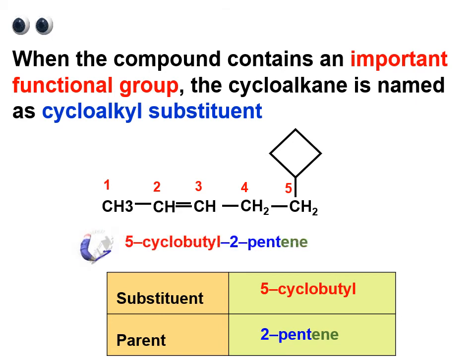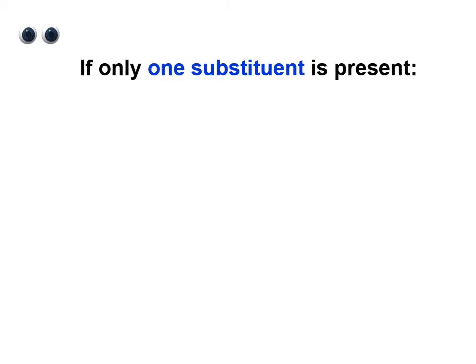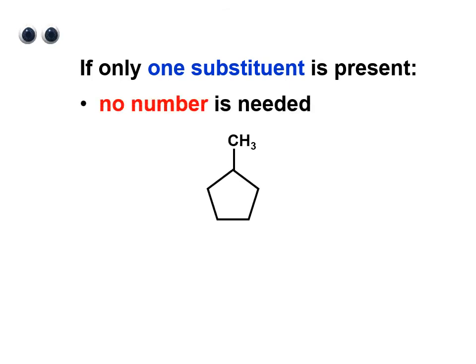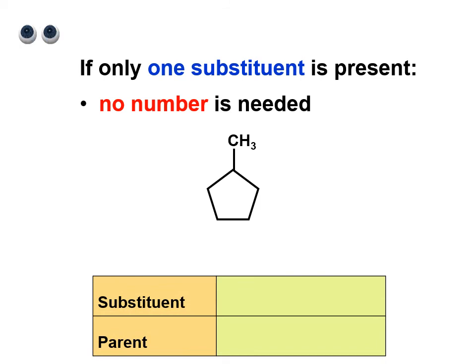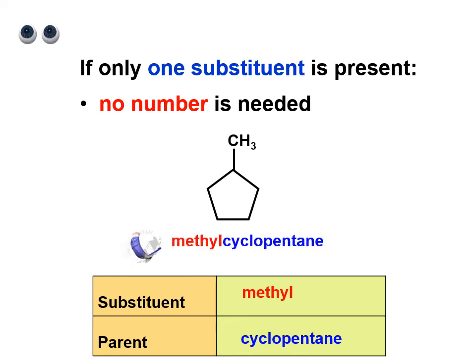The compound name is 5-cyclobutyl-2-pentene. If only one substituent is present, no number is needed. Example: the substituent is methyl, the parent is cyclopentane. The name of this compound is methylcyclopentane.